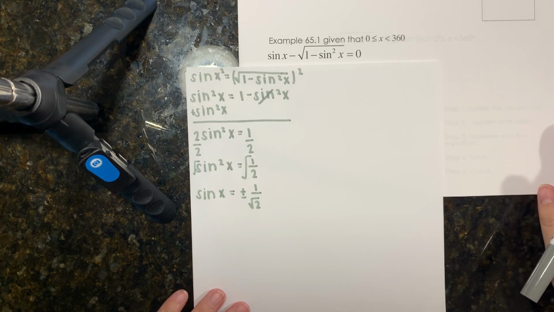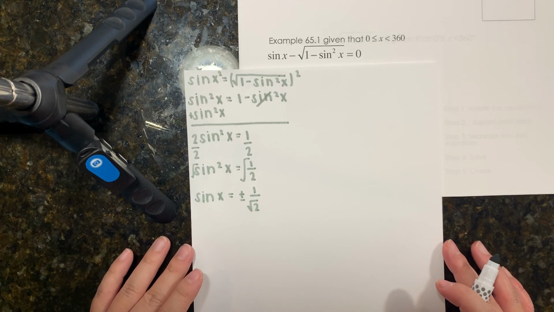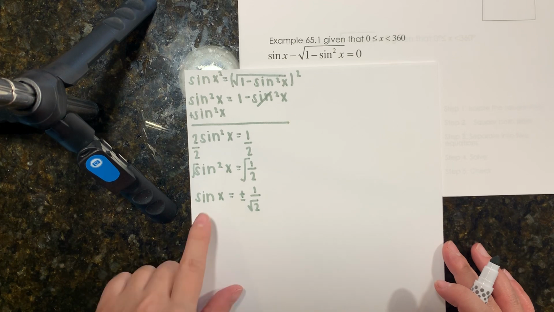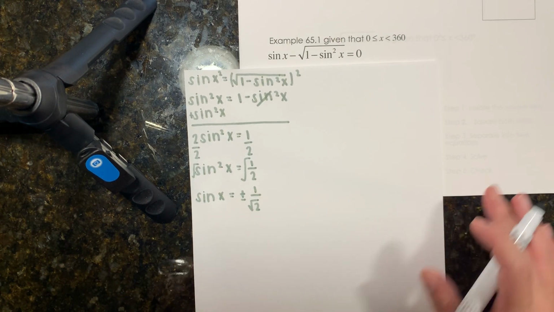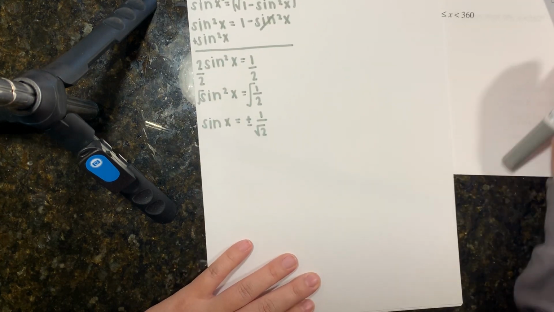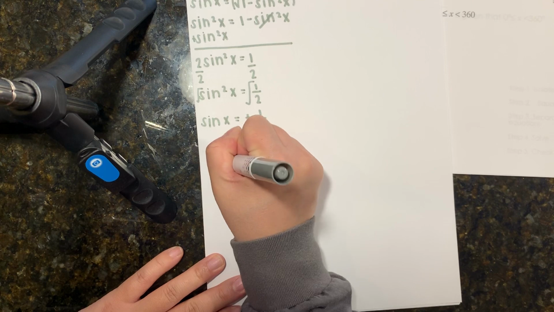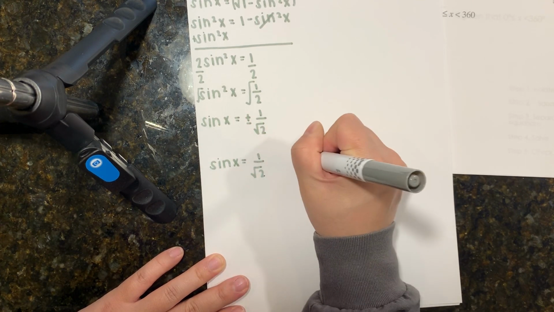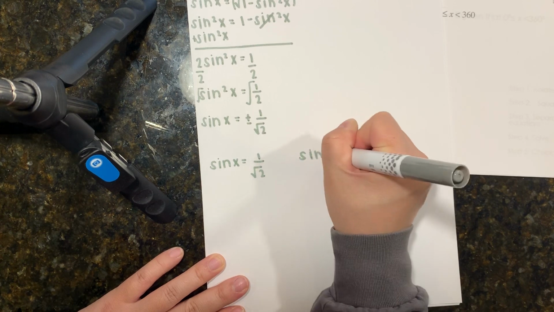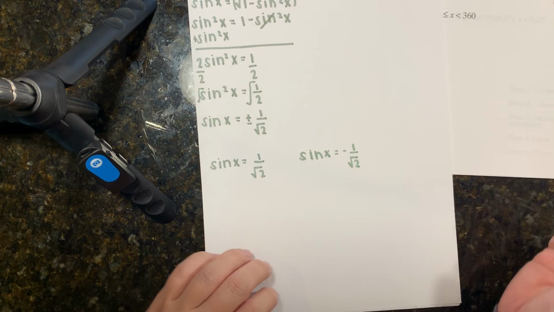So now that we've done that, we've simplified our equation. Now we're on to step 3, which is to separate this into two separate equations. So I need to solve for sine x is equal to positive 1 over root 2, and then sine x is equal to negative 1 over root 2. So I'm going to separate this into two separate equations. Okay.